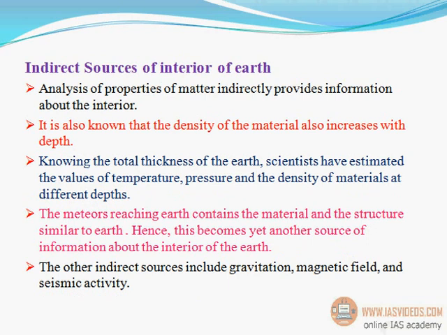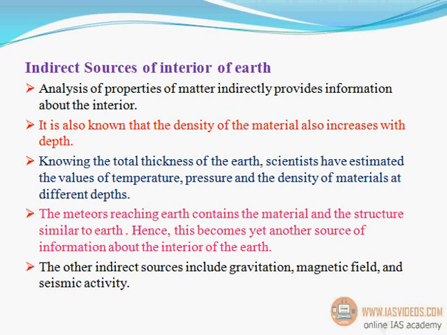Analysis of properties of matter indirectly provides information about the interior. It is also known that the density of the material increases with depth. Knowing the total thickness of the Earth, scientists have estimated the values of temperature, pressure and the density of materials at different depths.